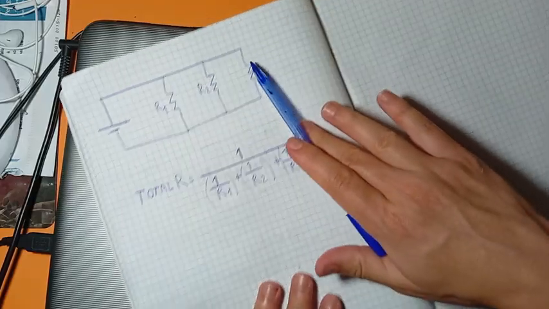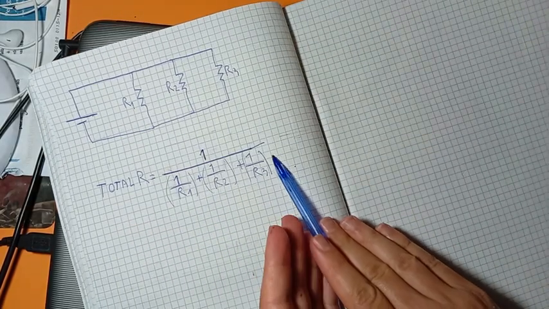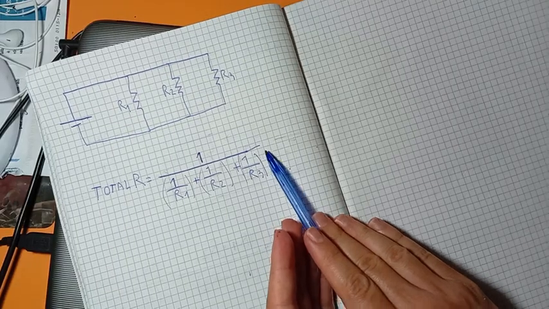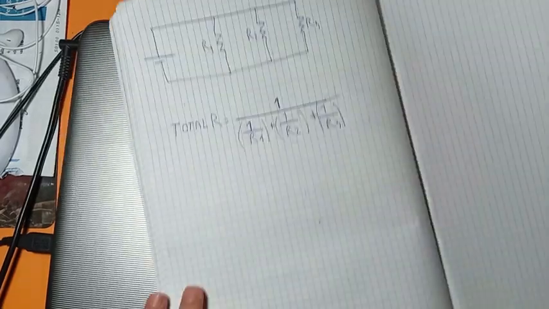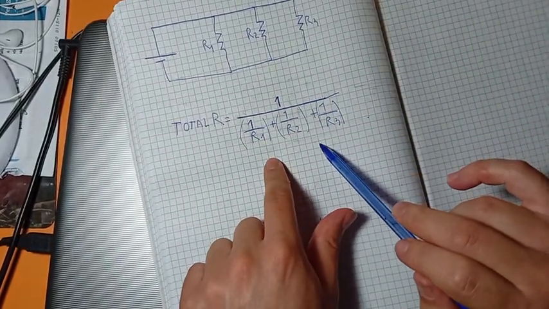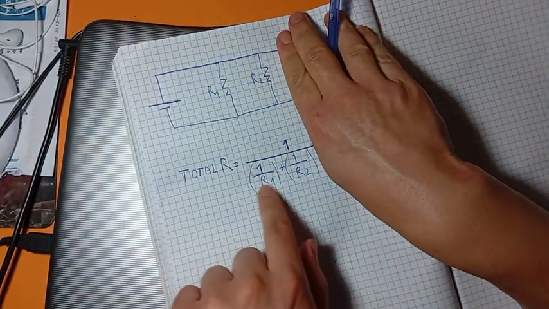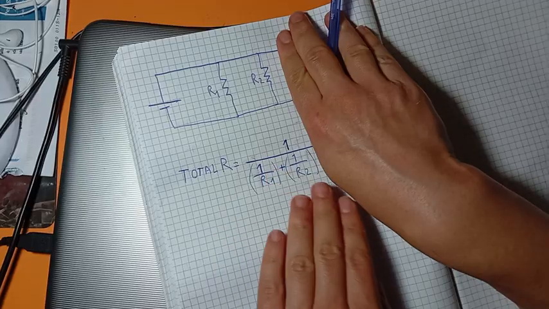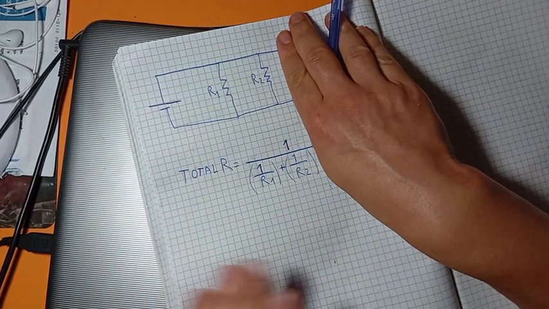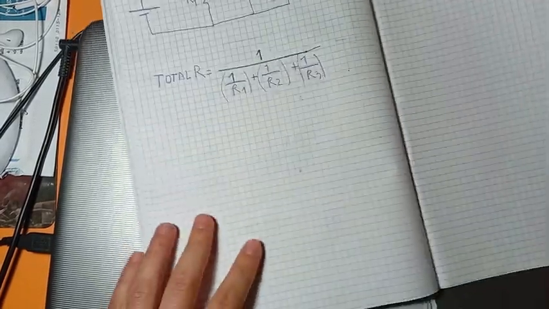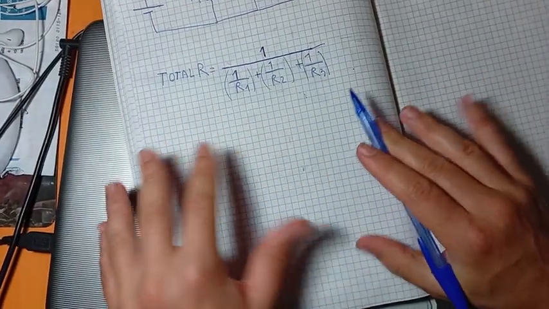If they were, let's imagine 4, I would have done this, always the same, but here it would have been plus 1 divided by R4, and so on. This formula, I can apply even when they are 2. Even when they are 2, this one is always good. I just do this, and it's still good, okay. But when they are more than 2, I am forced to apply this, okay.